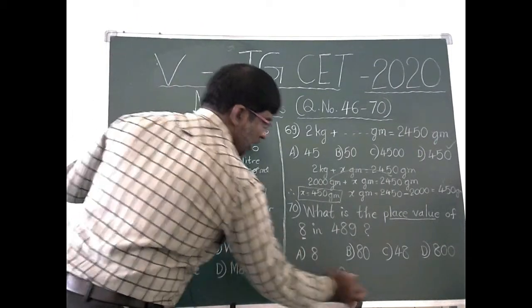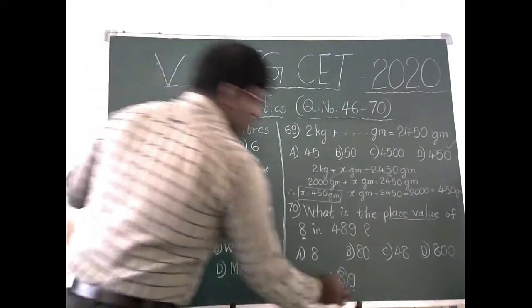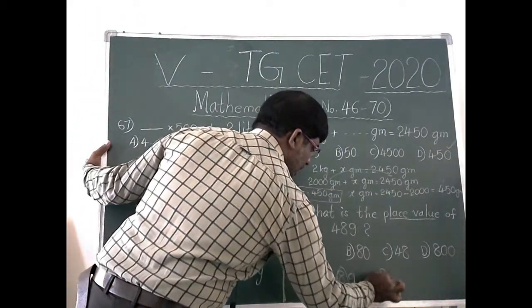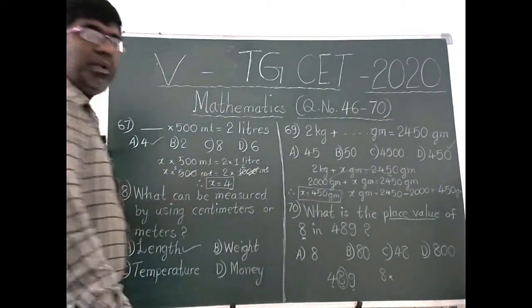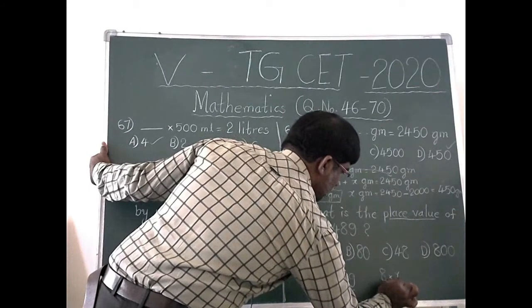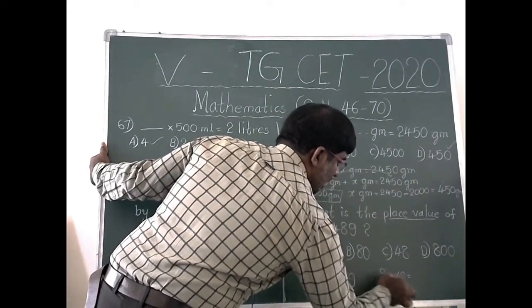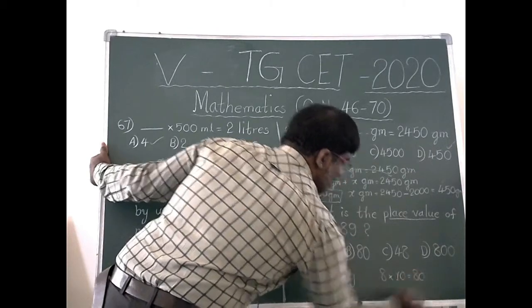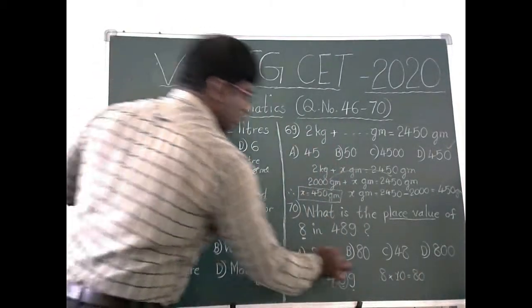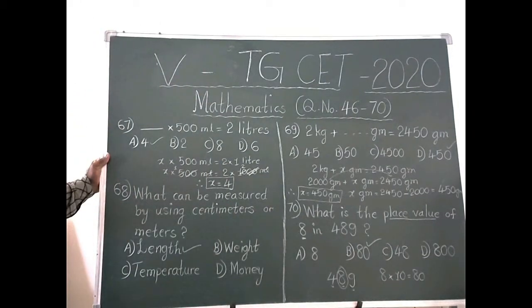The 8 is in the tens place, so I am writing 10. 8 tens is 80. So the answer is 80. Option B is the correct answer.